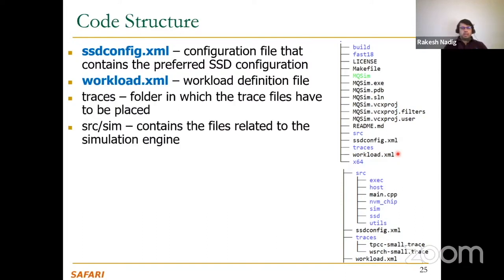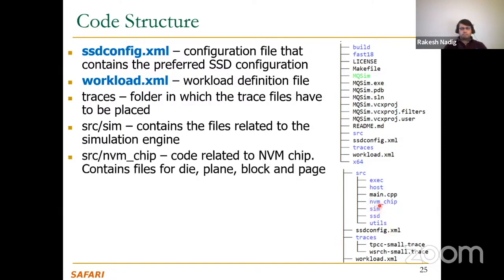Then we have the traces folder, which is where the traces are kept if we need to use a trace based workload. And then we have the source folder, where you have a bunch of folders inside. The sim folder contains files related to the simulation engine.